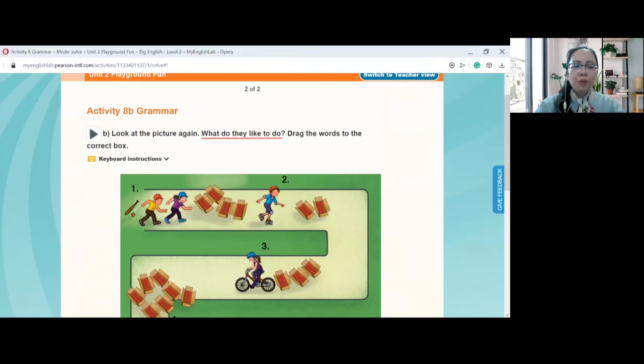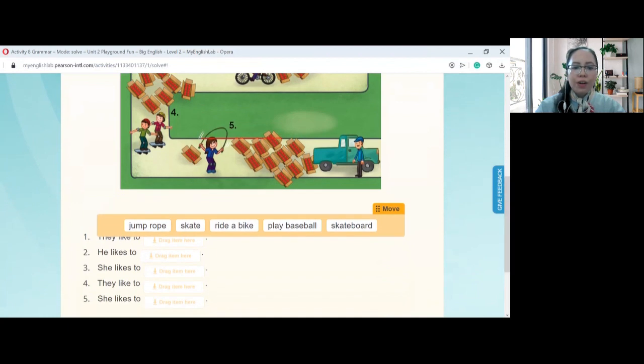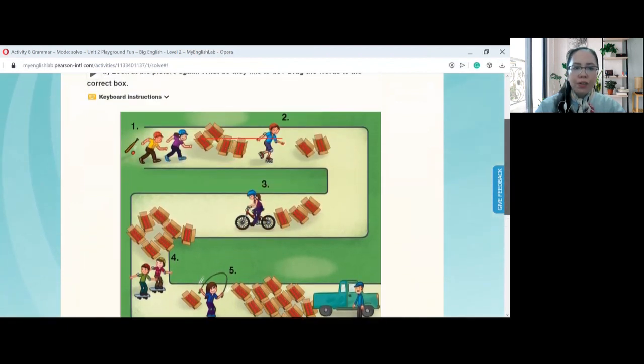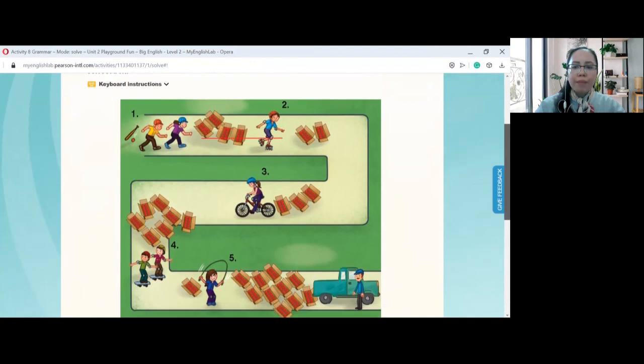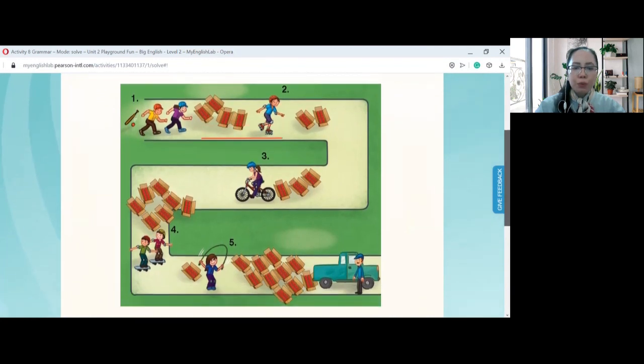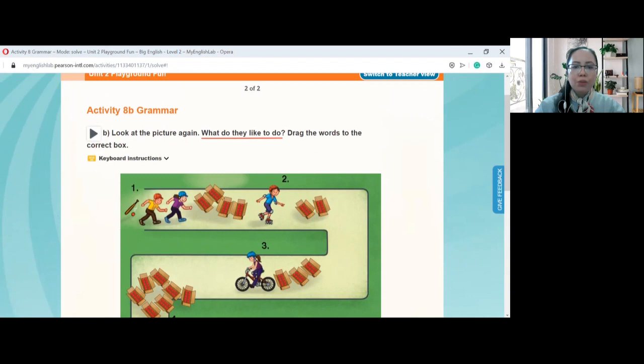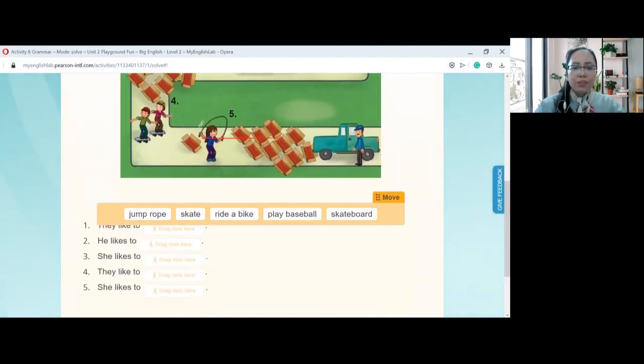Yeah, in your workbook, you have to write down here, according to the picture in activity 10, ya. Jadi kalau di workbook kamu harus lihat kembali gambar aktivitas nomor 10 untuk bisa menjawab pertanyaan what do they like to do, ya. Kemudian kamu tuliskan sesuai dengan gambar yang ada untuk melengkapi kalimat-kalimat ini, ya, dari nomor 1 sampai 5.